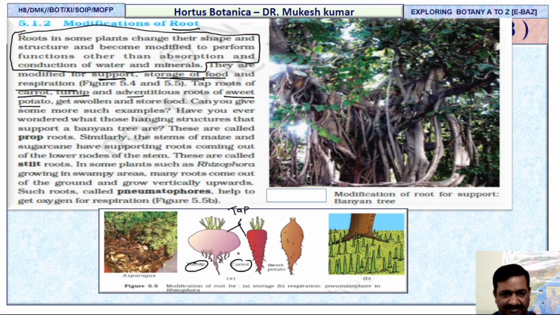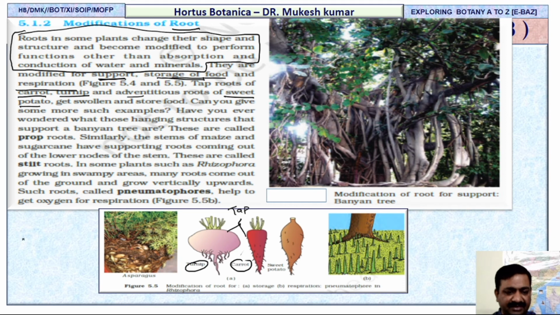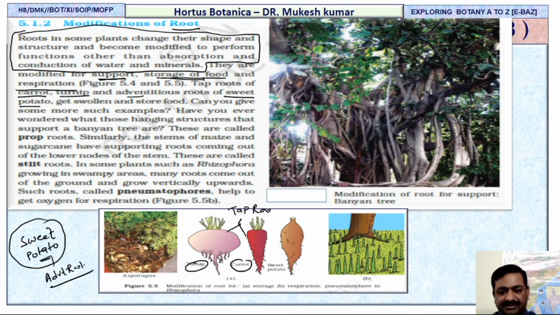The diagram is not given here, so I will write here sweet potato. I detailed it previously. This is the adventitious root, and these are the taproots. Both are modified due to food storage.